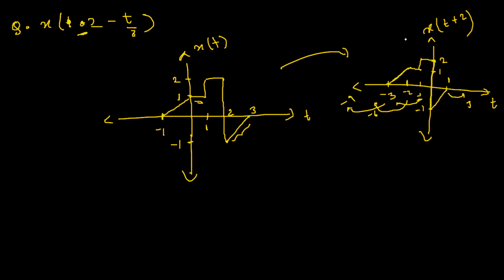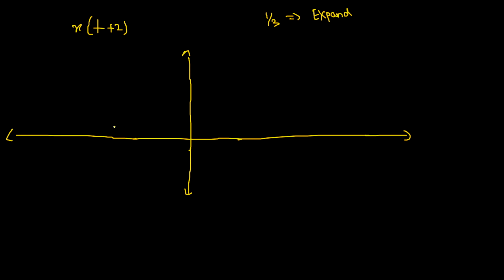Because of this, you get an expanded graph. In the original graph, the value remained at 2 from minus 1 to 0. But since it's been expanded by a factor of 3, or scaled by a factor 1 by 3, this is from minus 3.